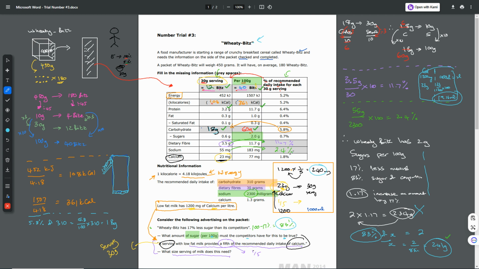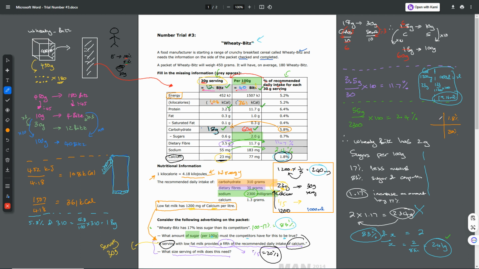Oh, by the way, this is 1.8% of the daily intake. And what is 1/5? 1/5 is actually 20%. And this is 1.8%. If we compare these two, 1.8% and 20%, in a table, I've got 1.8%, and I want to make it into 20%.